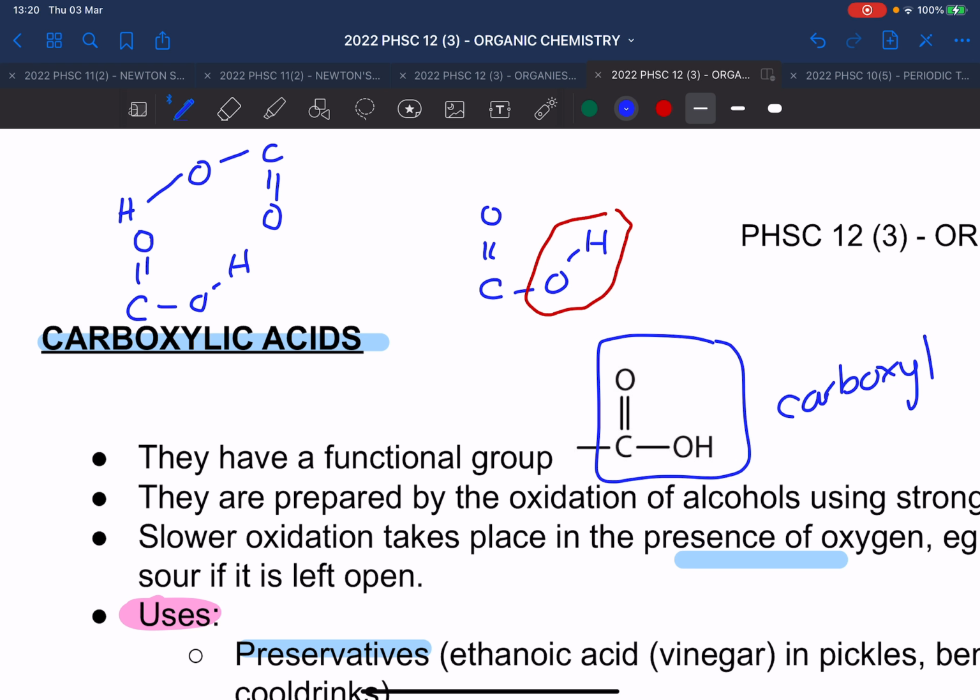Okay, so I drew it upside down, but there we find a hydrogen bond and there we find a hydrogen bond can occur. So a carboxylic acid, because of that and that, we say there are two sites for hydrogen bonding to occur. Two sites for hydrogen bonding.